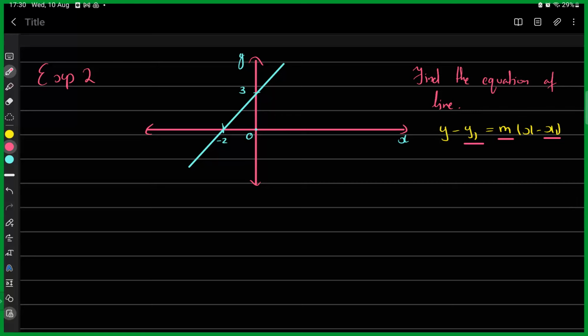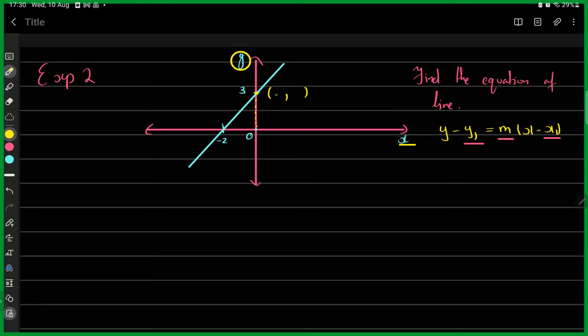I can see that this point right here has a y coordinate of 3, but what is the x coordinate? We write down x, y as the coordinates. If I follow down the point, I would see that on the x-axis it is 0.